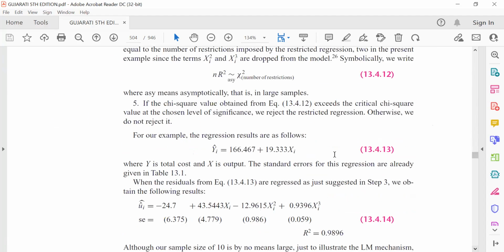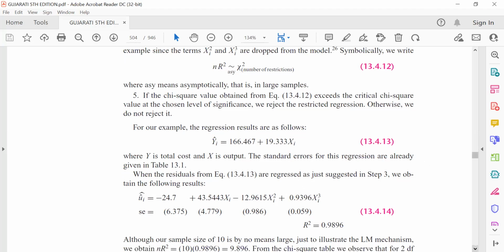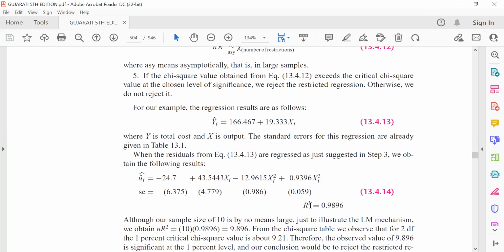For the example, Y is total cost and X is output. We get the residual from equation 13.4.13 and run it again on all the variables, and we get an R squared of 0.9x96. Multiplying by 10, we get 9.x96.